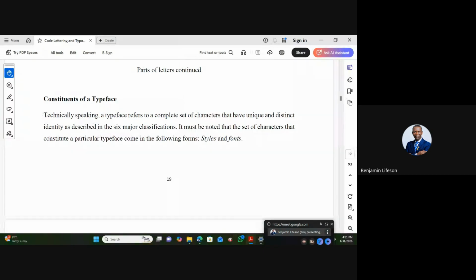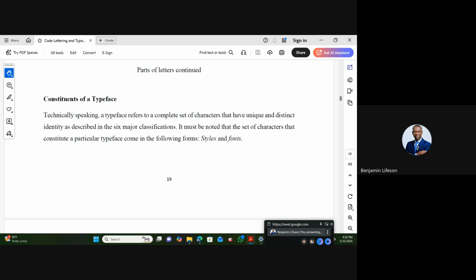Great. So we already know that there's a need for us to look at what is coming together to form what is known as the typeface. The constituent, what is coming together to form a typeface?